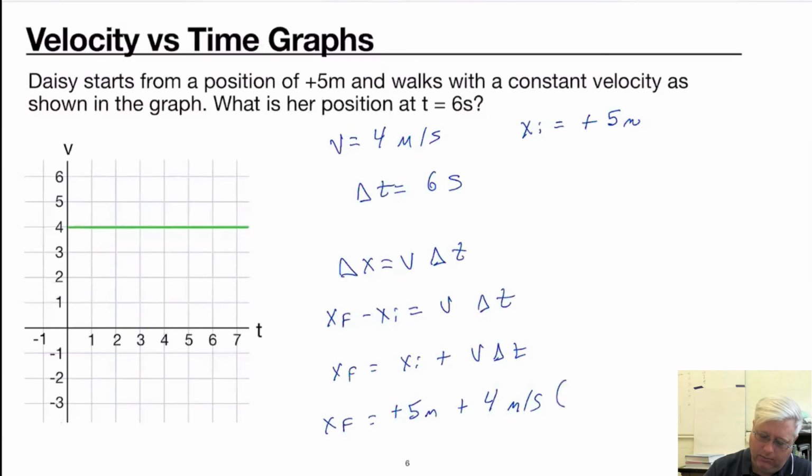And she's moving at that constant velocity for 6 seconds. All right, so then we got 5 plus 4 times 6, 24. So that's 29 meters. So she will have been at a position of 29 meters then.